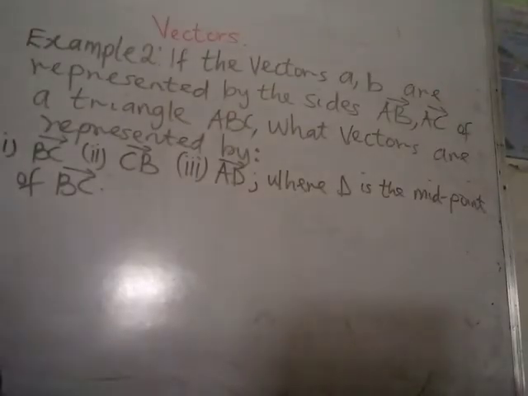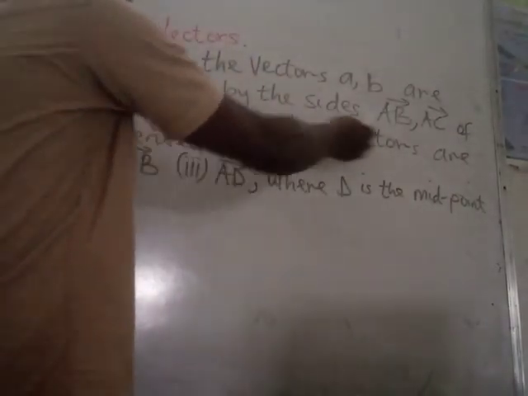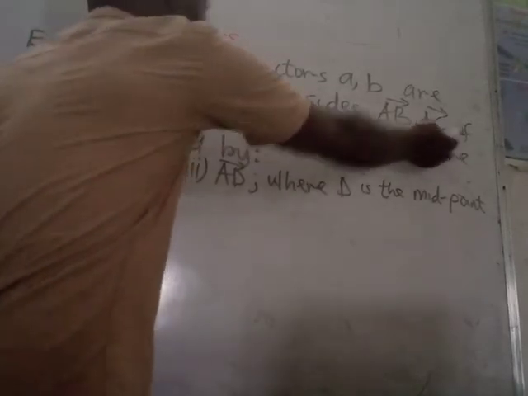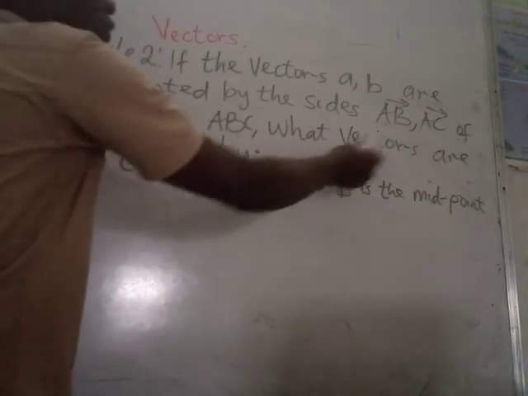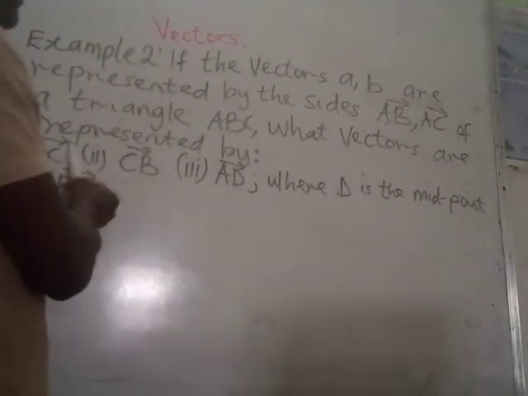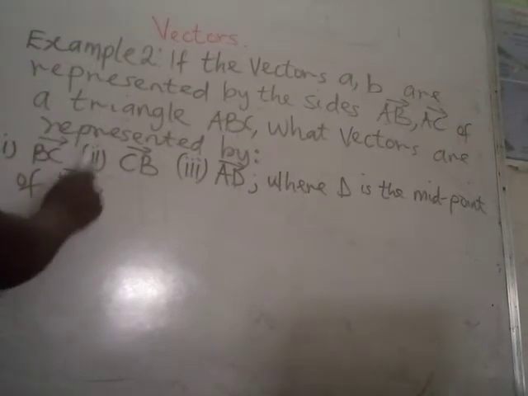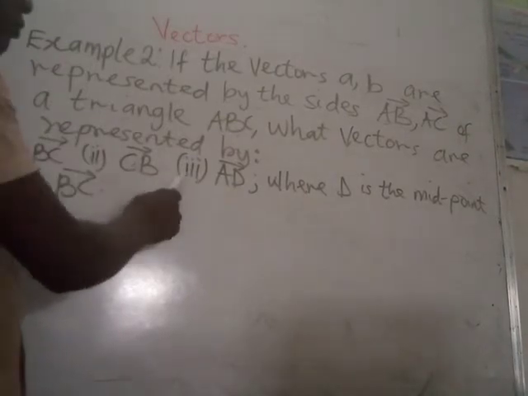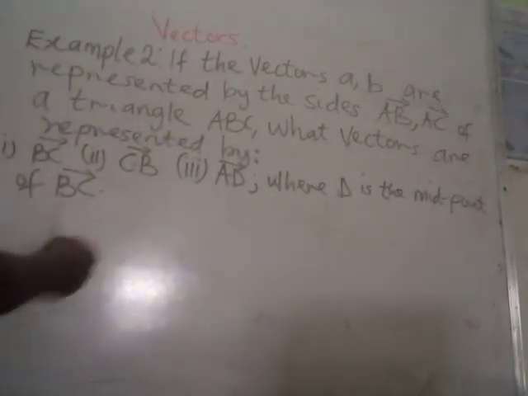Example 2. If the vectors AB and AC are represented by the sides AB, AC of a triangle ABC, what vectors are represented by 1. BC, 2. CB, 3. AD, where D is the midpoint of BC.